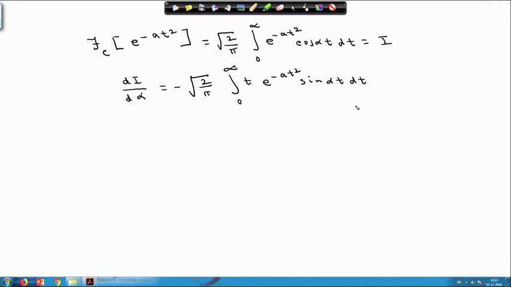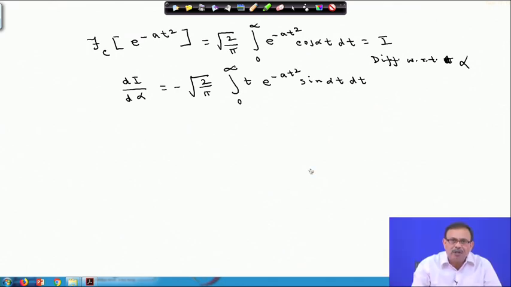So, basically what are you doing? You are differentiating not with respect to t, but with respect to alpha on both sides of the given equation, and using differentiation under the sign of integration, I am just writing dI/dα equals minus root over 2/π ∫ from 0 to infinity of t e^(−at²) sin(αt) dt.